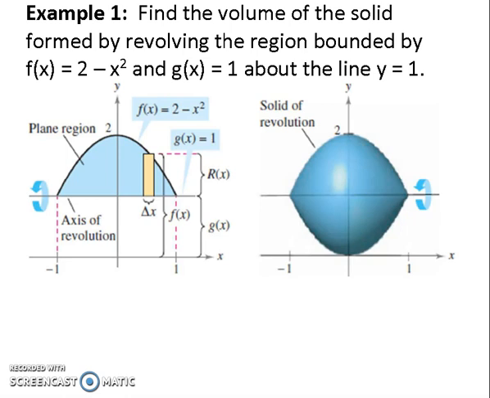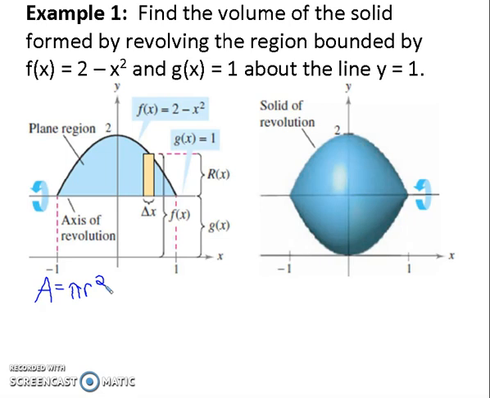So the area formula for a circle is pi r squared. The radius, however, is calculated a little bit differently, because the axis of rotation is not the x-axis or the y-axis, it's y equals 1, that's parallel to the x-axis.